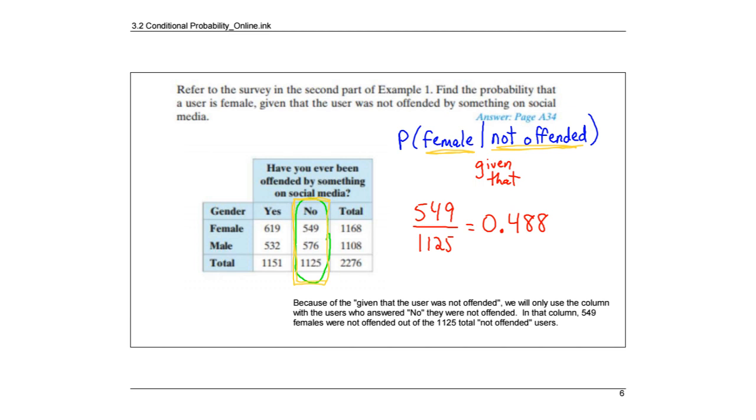That's the second column here. My total is 1,125. That's the denominator. The number of females that were not offended is 549. I'm going to divide those, get a decimal, and therefore the probability that the user is female, given that they're not offended, is 0.488.